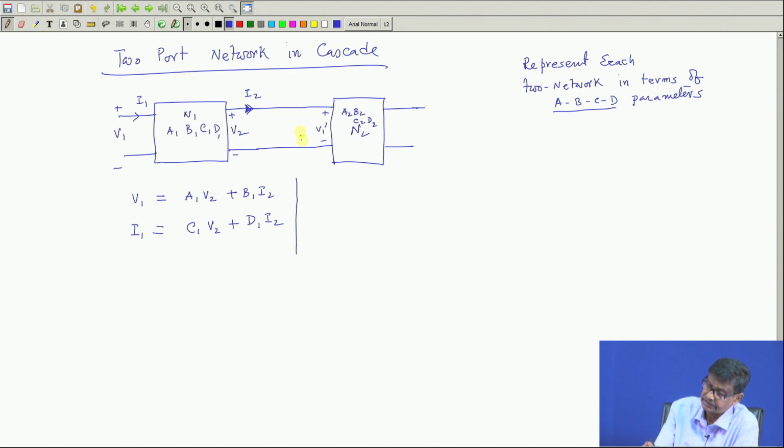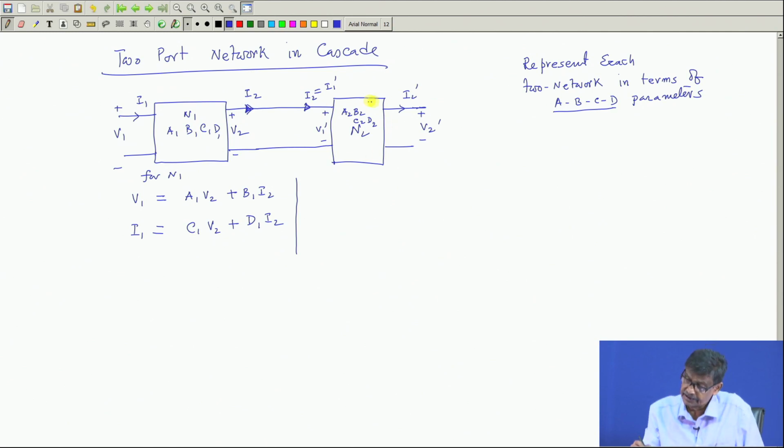Now, this is for N 1. For the second network, this is the input current of the second network, which is I 1 dashed, the input current, and the input voltage is V 1 dashed, and the output voltage I will write as V 2 dashed and the output current as I 2 dashed.